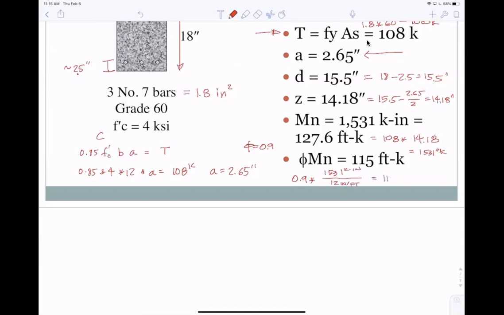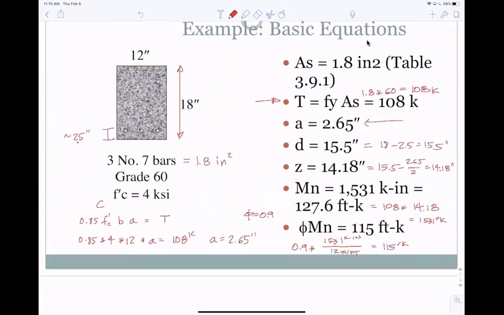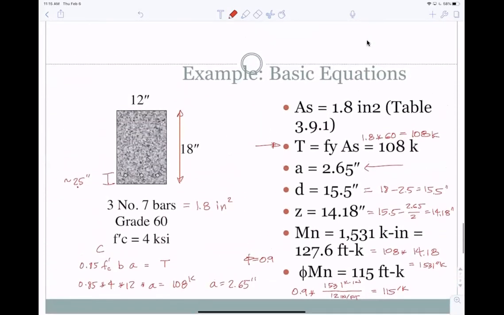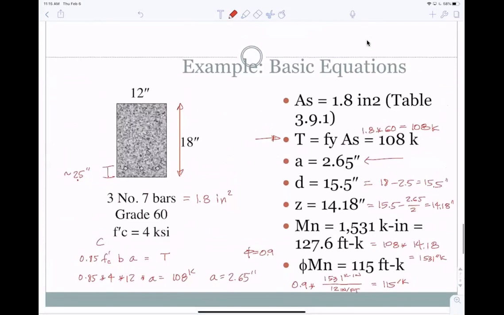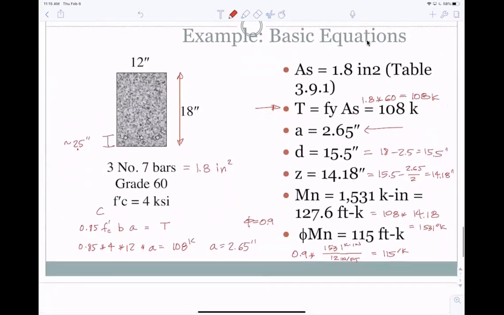That equals 115 foot-kips. So you can have 115 foot-kips of moment reliably put onto this cross section here. Okay, that's pretty straightforward. If you want to see how I would write it out longhand, you can keep watching.